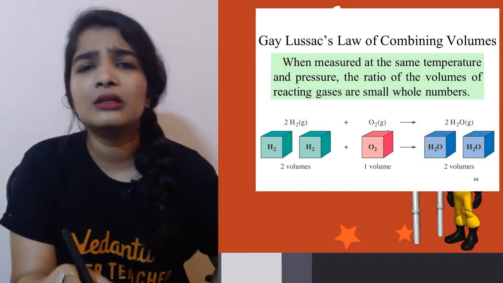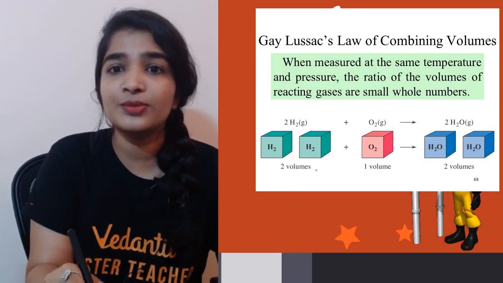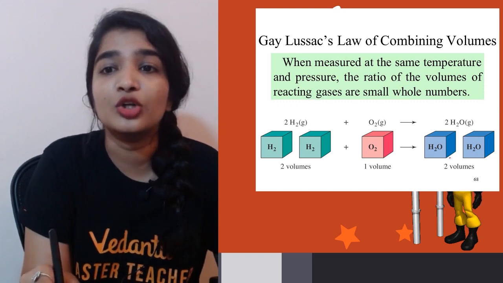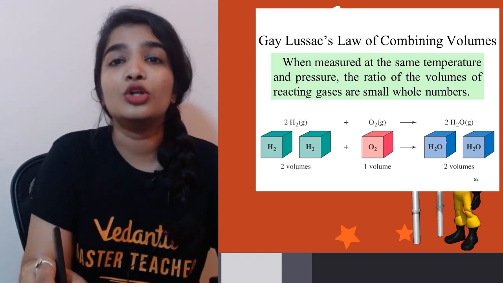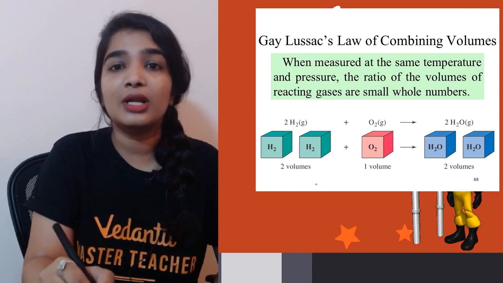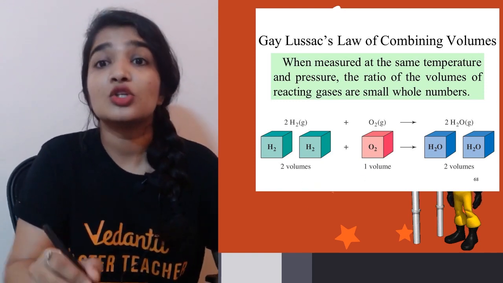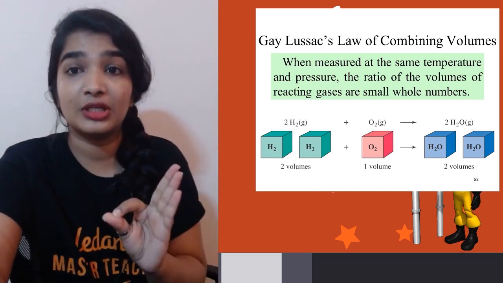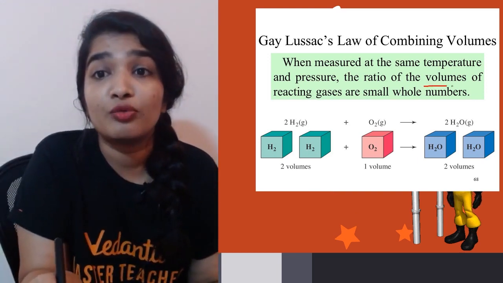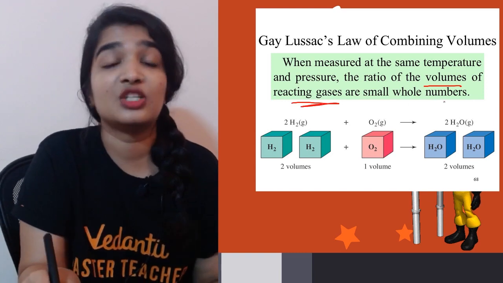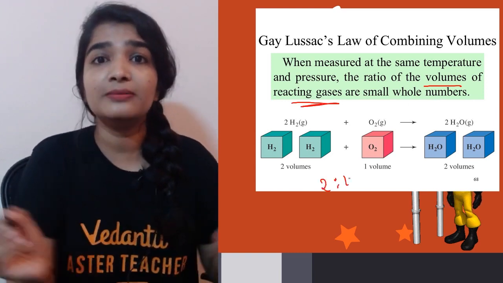Okay, so here hydrogen 2 volumes, oxygen 1 volume, and you are getting 2 volumes of water. All are gases. See, it's a very simple ratio, right? So when measured at the same temperature and pressure, the ratio of volumes of reacting gases are small whole numbers, 2:1.